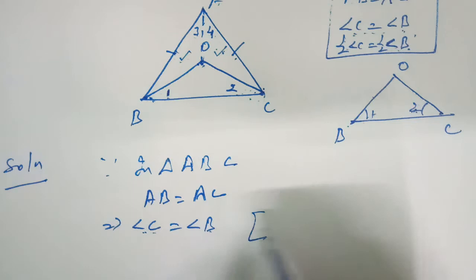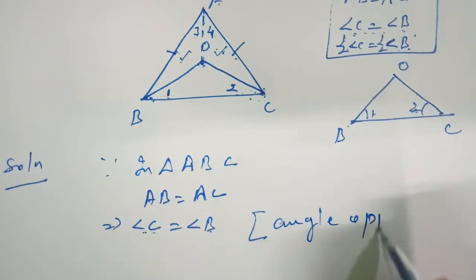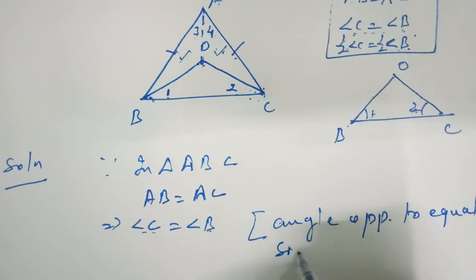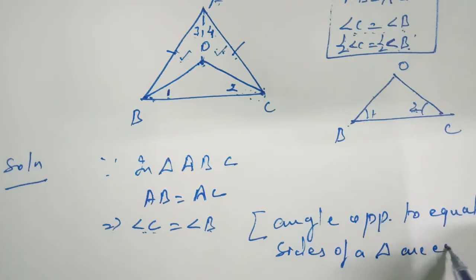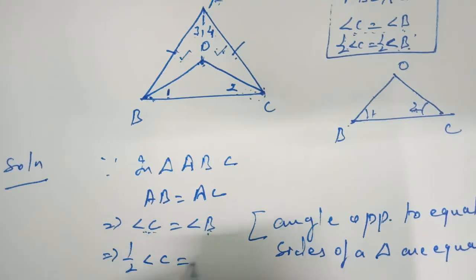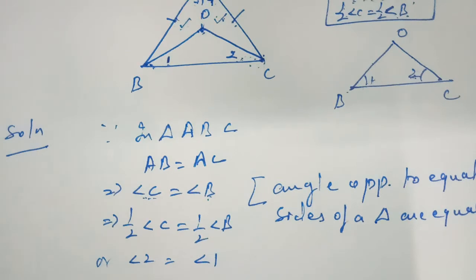Since we are writing angle, we have to write the statement from angle only: angles opposite to equal sides of a triangle are equal. This you have to write. If these two are equal, then half of angle C is also equal to half of angle B. Half of angle C, or angle 2, is equal to angle 1.